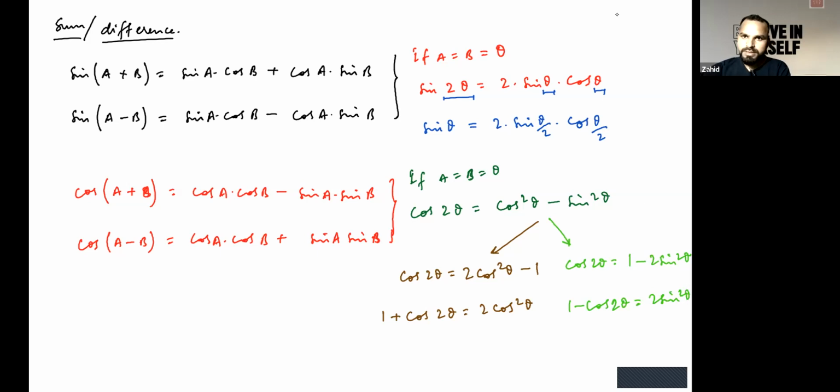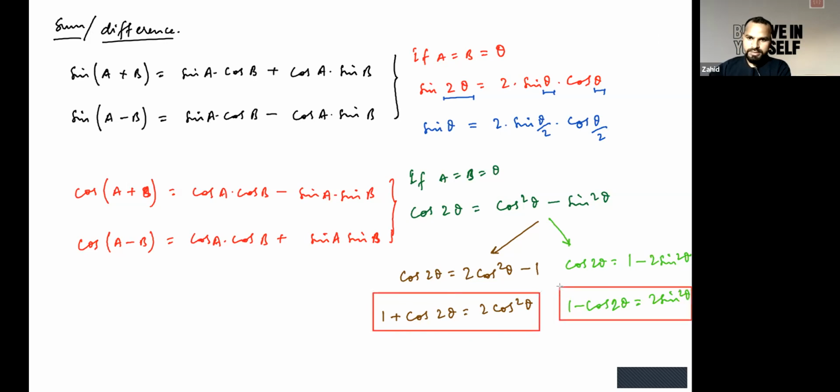So just remember these two relations. If you have 1 plus cos 2 theta, it will be 2 times cos square theta. And if it is 1 minus cos 2 theta, it will be 2 times sine square theta. Now, if I take the half angle, 1 plus cos theta is 2 times cos square theta by 2.